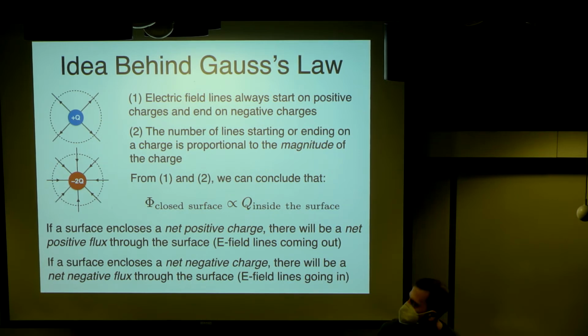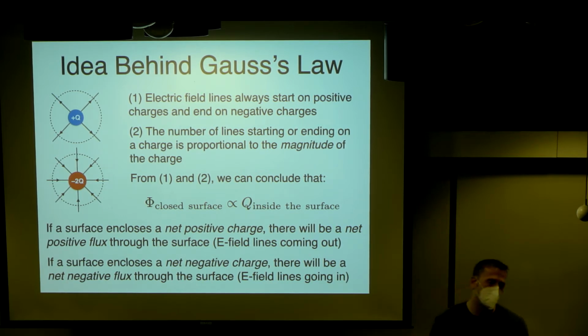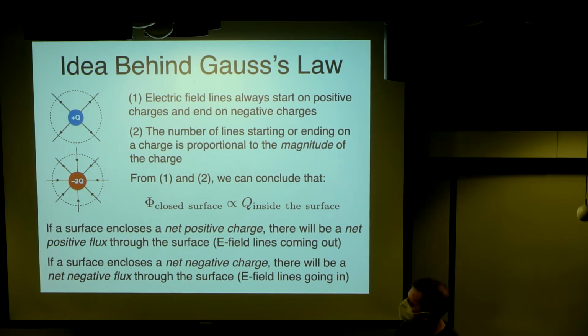So the easiest way to see this is to remember, if we have a positive point charge, we have the E field lines going out away from the point charge in all directions. Okay? And if we have a negative point charge, the E field lines are coming in towards that point charge. So we remember this, right?